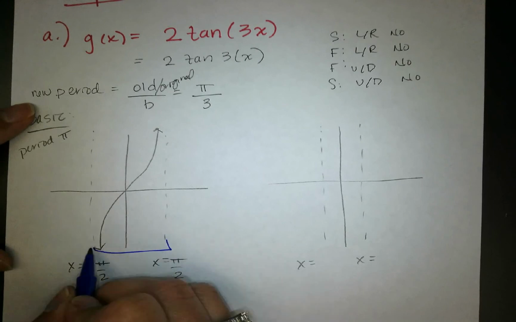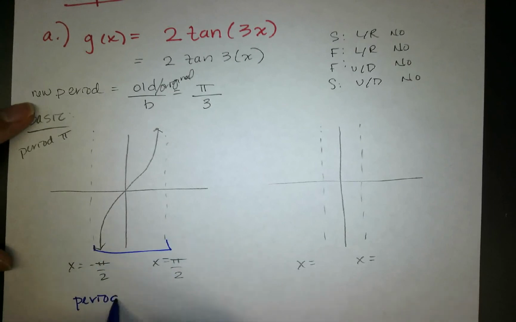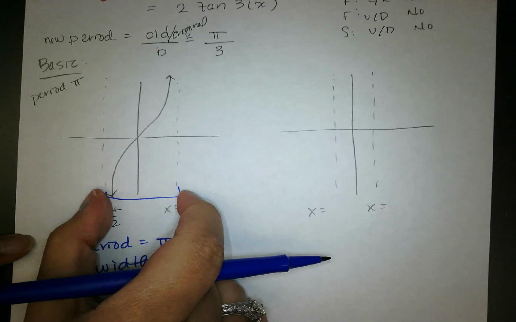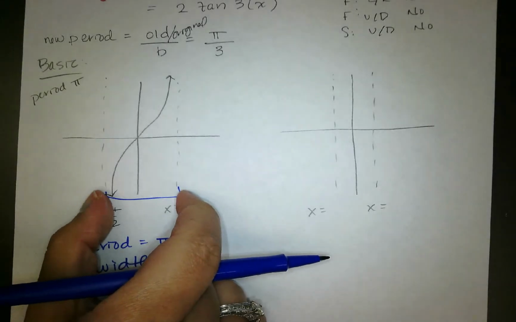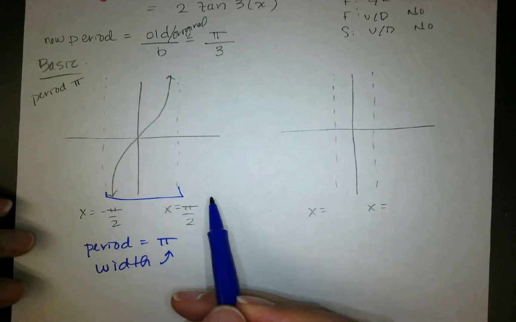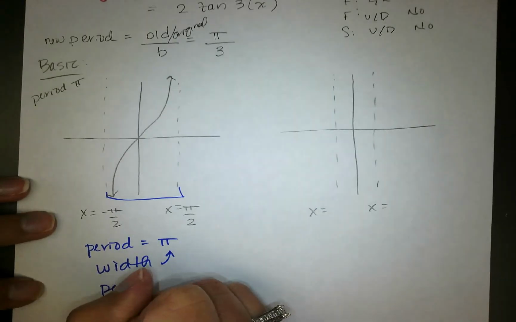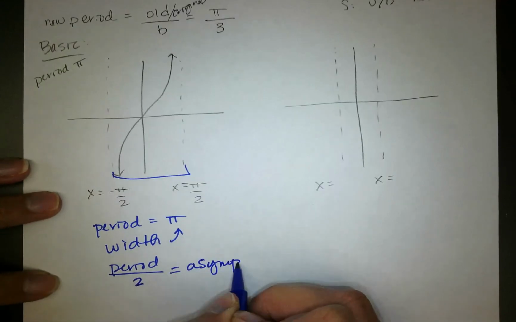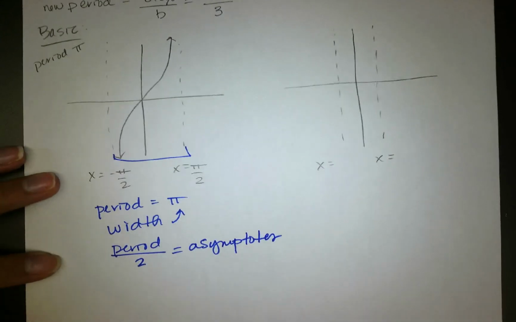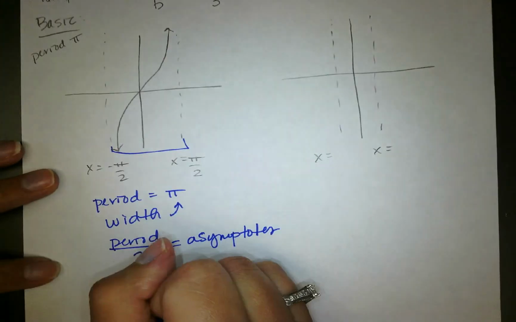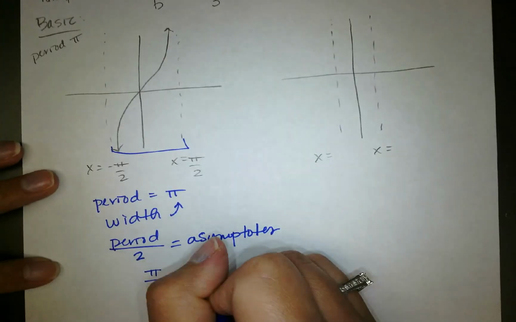Well, when I say the period is pi, that means how wide it is. That's the width of it. That's pi units wide. So if half of my graph is on the left and half of my graph is on the right, if I take my period and divide it by 2, that'll give you your asymptotes. So I want to cut that pi in half. Half on the left, half on the right. So my period is pi divided by 2. There's my asymptotes.